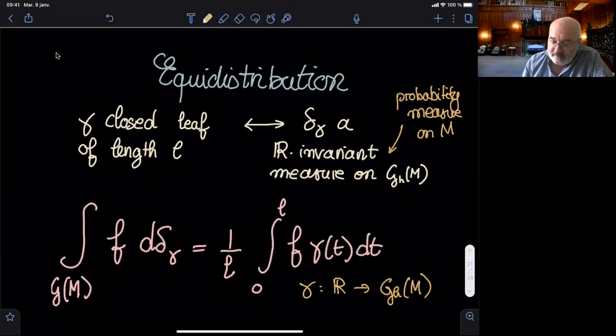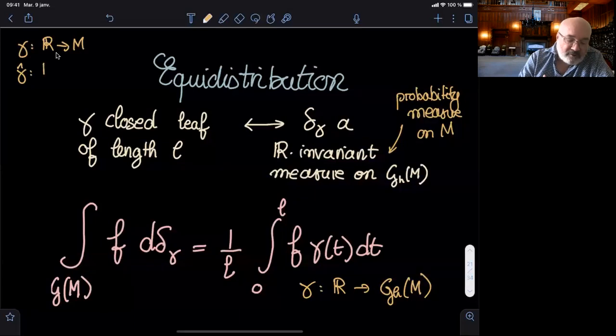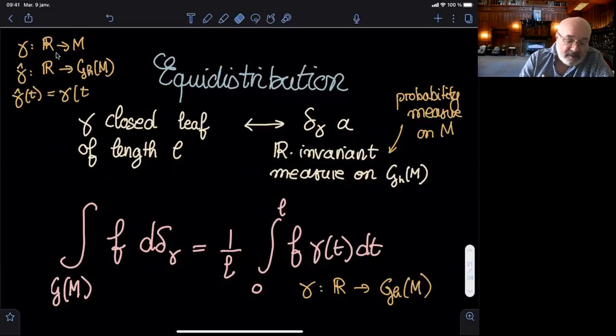Maybe I should have explained that you have gamma, which is a map of R into M. But you also have an associated map, let's call it gamma tilde, from R into G of M. So gamma tilde of t is the map which associates to s the point gamma of t plus s.